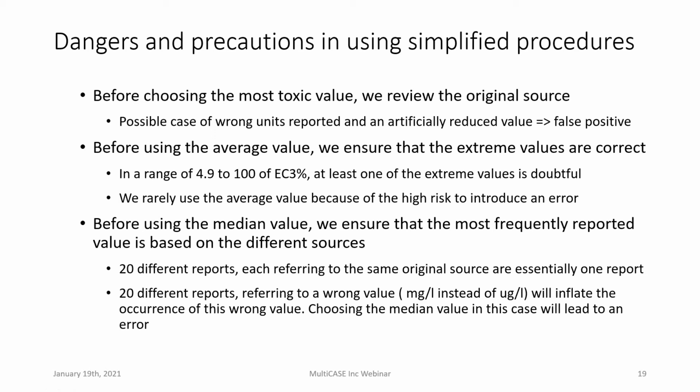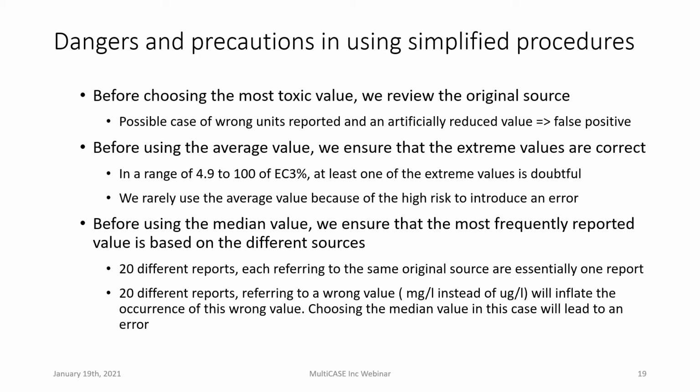It's very tempting to go to simplified procedures in curation of data, especially when you have thousands and thousands of data points in front of you. But it's very dangerous too. Before choosing the most toxic value, if we decided to go the conservative way, we still need to review the original source. If, for example, we refer to a paper which simply mistyped the units which were used originally, we actually can introduce a false positive this way.